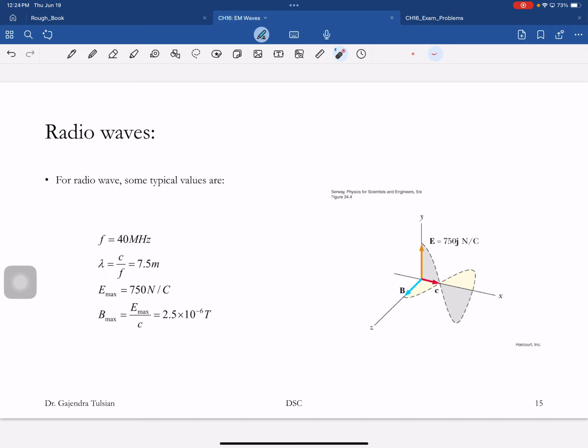The wavelength is about 8 meters. 8 meters is from here to the wall. The amplitude of the electric field is about 1,000 volt per meter or 750 Newton per meter. And the strength of the magnetic field is about 1/100 the Earth's magnetic field.